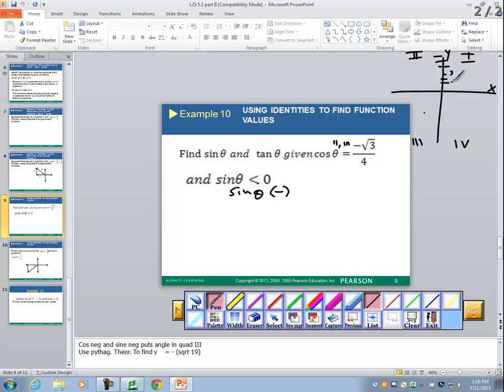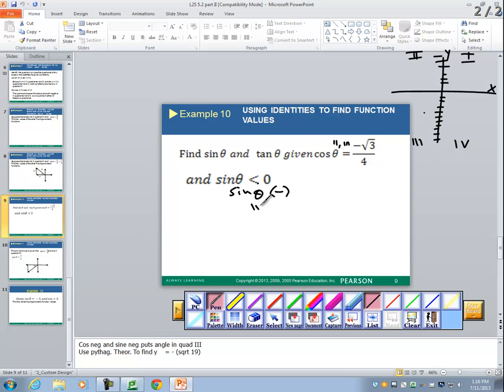What values is y going? Positive. So therefore, these would have to be what values, positive or negative? Negative, right. So if y is negative, sine is also negative.